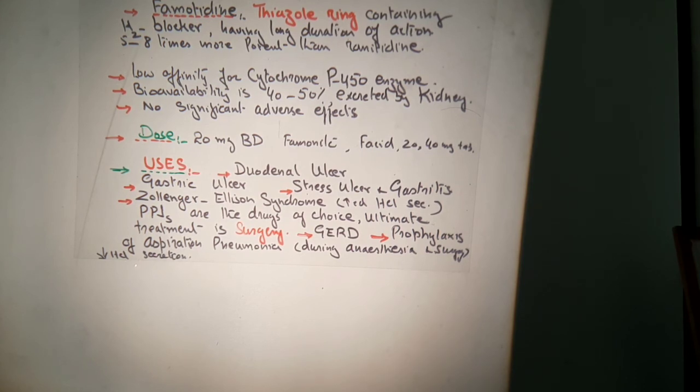Prophylactically they should also be given in aspiration pneumonia. During surgery or anesthesia, there is a requirement of decreased HCl secretion, so prophylactically they are given to avoid aspiration pneumonia, which means entrance of gastric contents into the lungs, right?